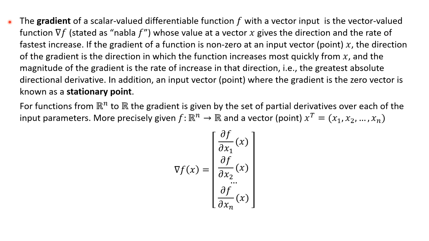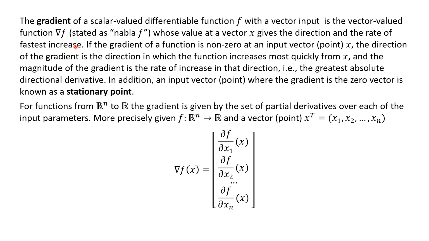The gradient of a scalar valued differentiable function f with a vector input is the vector valued function nabla f. This little upside down triangle is pronounced nabla, whose value at a vector x gives the direction and the rate of fastest increase.